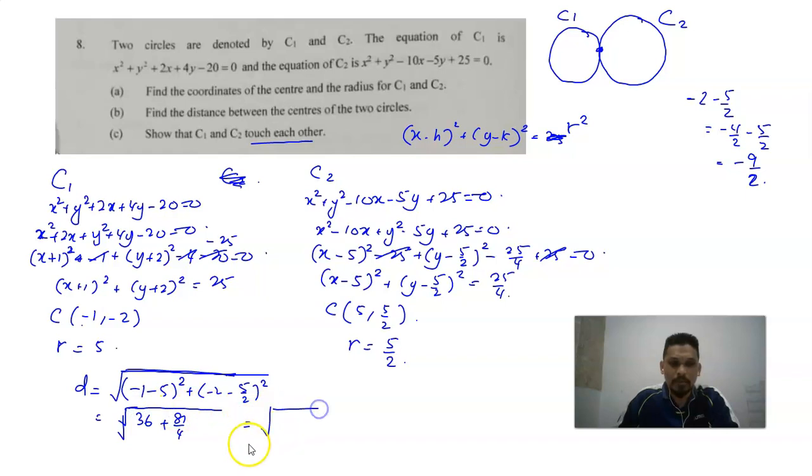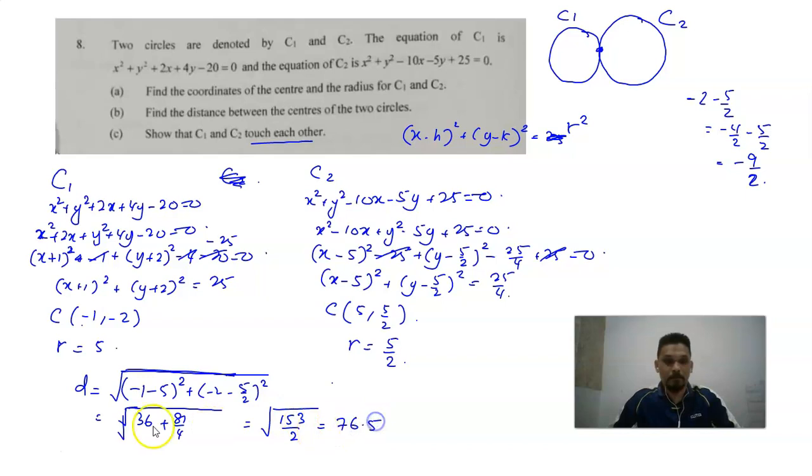So d equals square root of 36 plus 81 over 4.